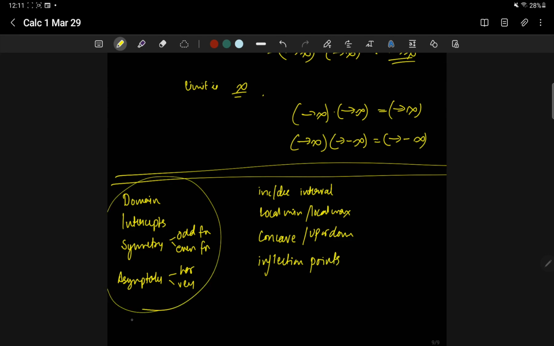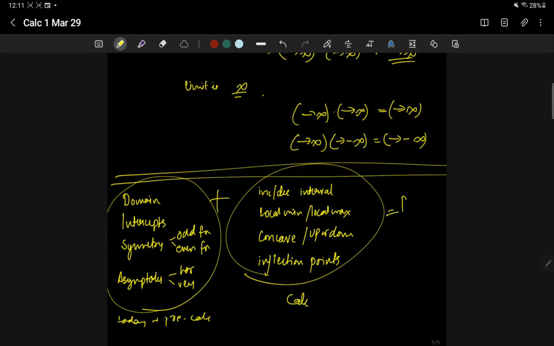So these are the things that we talked about today, plus your pre-calc ideas, and these are the ideas that we have learned in calc so far, and we will be using these together to plot graphs of any function.